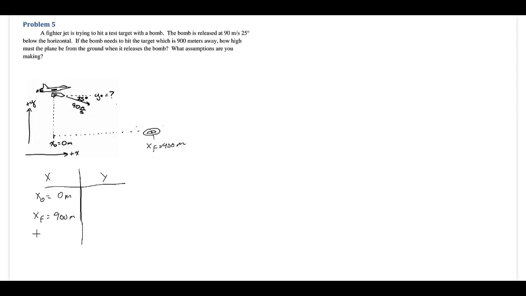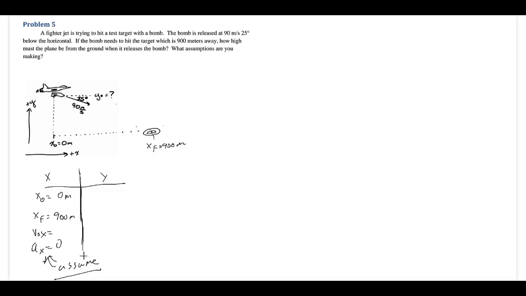We can find our velocity in the x direction, which we will do in a sec. And we know that acceleration, at least we are assuming, in the x direction is 0. We assume that the acceleration in the x direction is 0. Notice you're supposed to note what assumptions you're making.